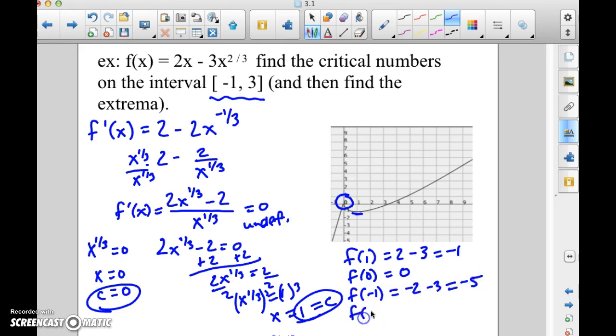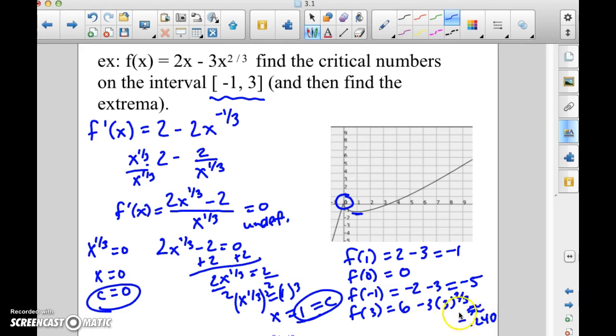And then plugging 3 in, we'll get 6 minus 3 times 3 to the 2/3. Need a calculator for that one. -0.24 or something, approximately.